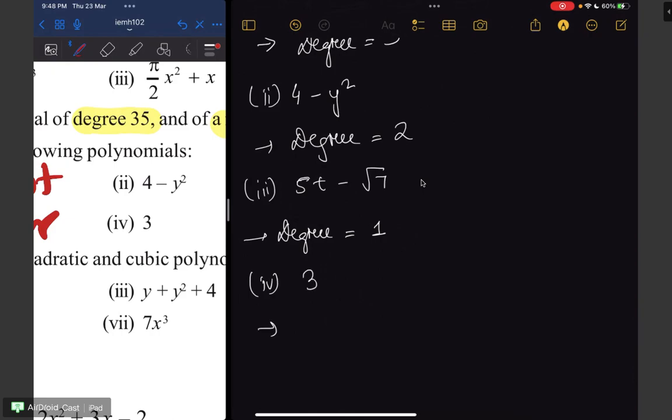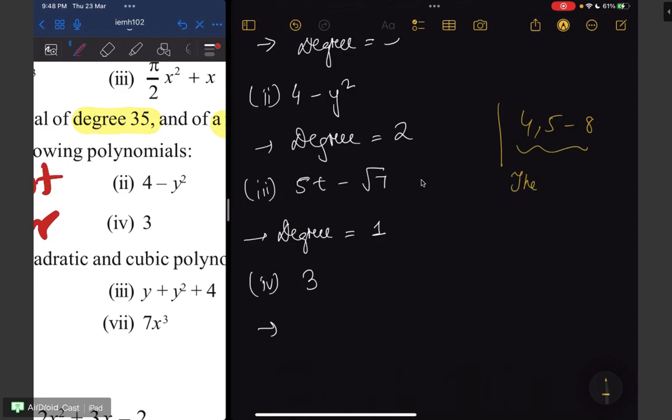Now the next is number 4, which is 3. Now I have mentioned one concept in the previous class, that is of a constant polynomial. And what is the degree of a constant polynomial? The degree of a constant polynomial is always 0. So you need to remember, constant polynomials means polynomials which consist of only numbers like 4, 5, minus 8, all this.